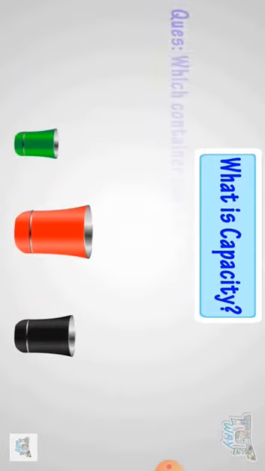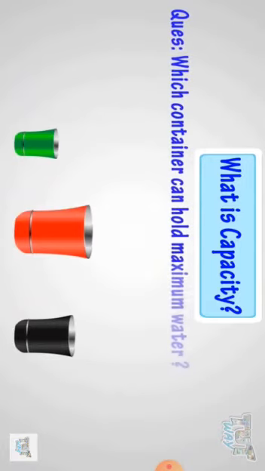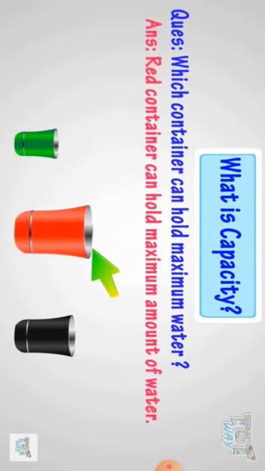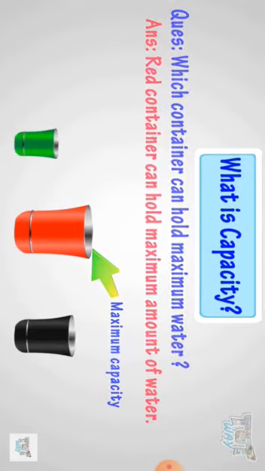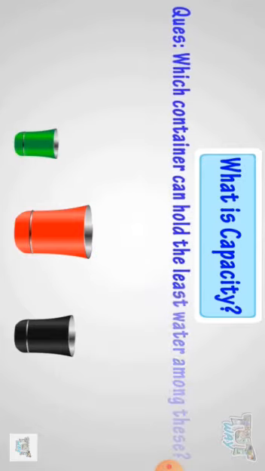Now, which container can hold the maximum water? Yeah, red container can hold the maximum water. So we say red container has the maximum capacity among these containers. Now, which container can hold the least water among these?